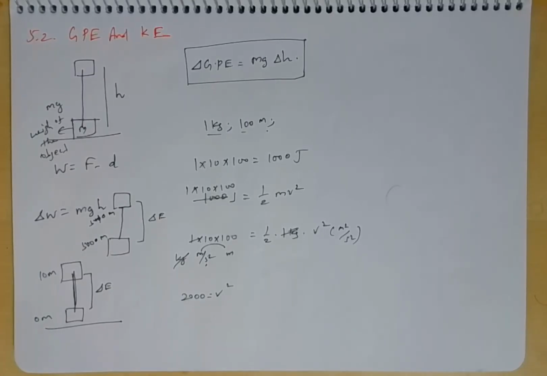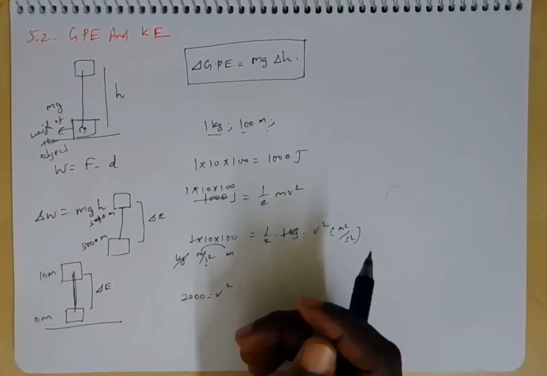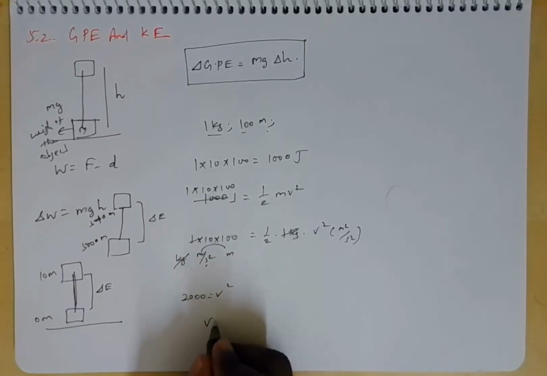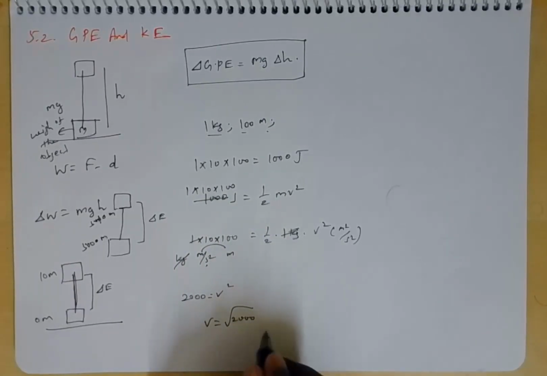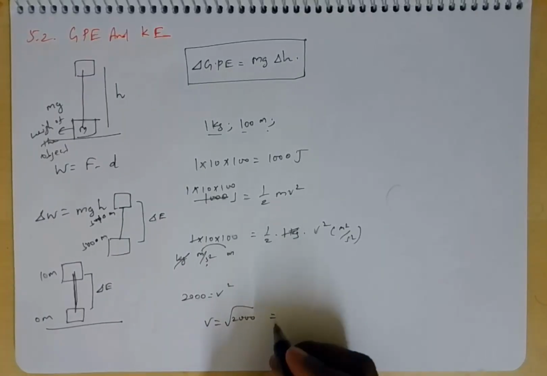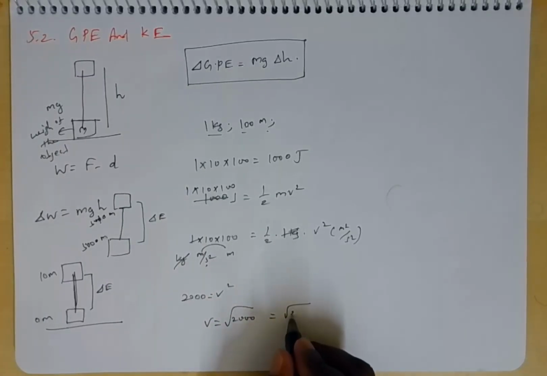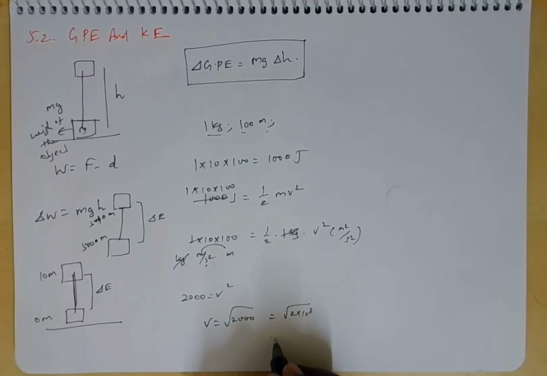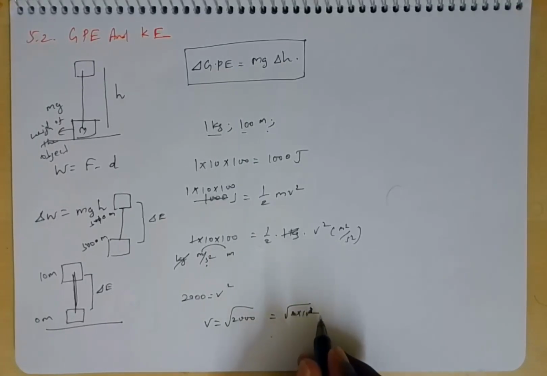Okay, so the homogeneity of equation, whatever we have on the left side should be equal to the right side. So v will be square root of 2000. So what is square root of 2000? You can write it as 2 into 10 power 3, or 20 into 10 power 2.